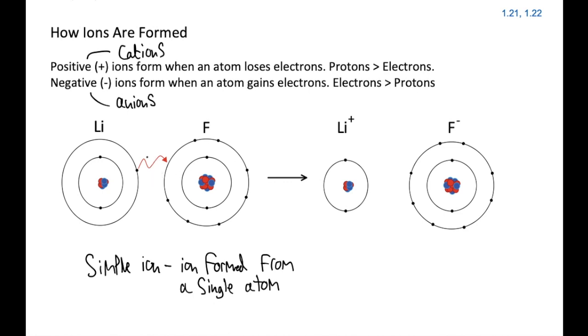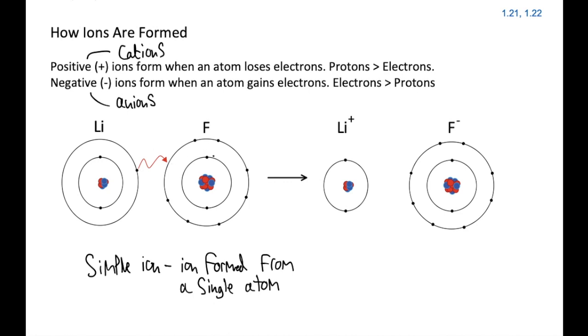If we look at an atom of lithium, which is here, lithium has 1 electron on its outer shell, and this atom here, which is fluorine, has 7 electrons on its outer shell. What happens in forming an ionic attraction is that the electron from the outer shell of lithium is transferred to fluorine. And this does two things.